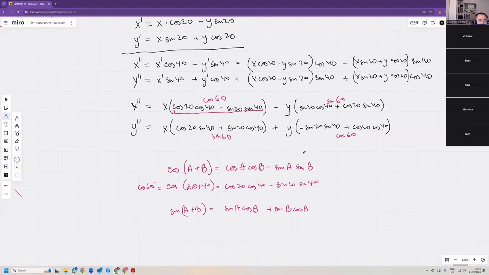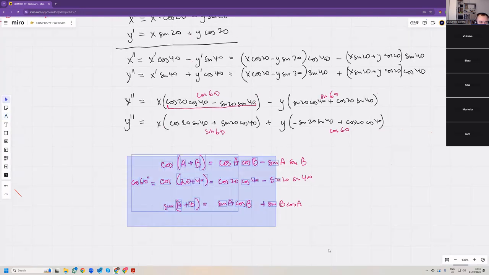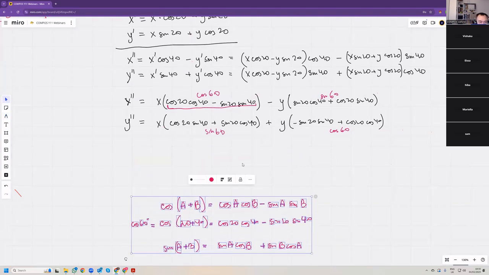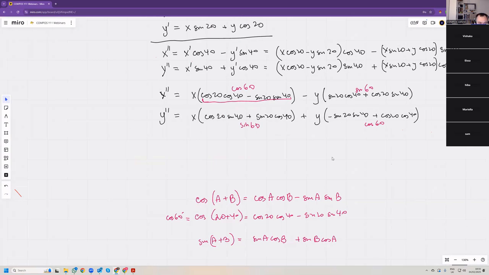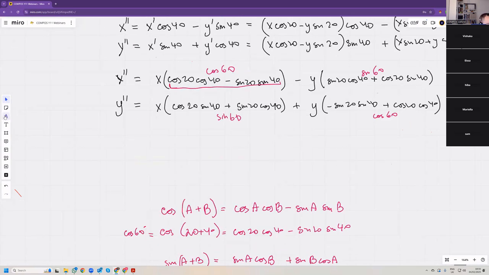So a rotation by 20 degrees followed by a rotation by 40 degrees is the same as a rotation by 60 degrees. Who would have thought? So let's do it in green. So x double dash is x cos 60 minus y sine 60.